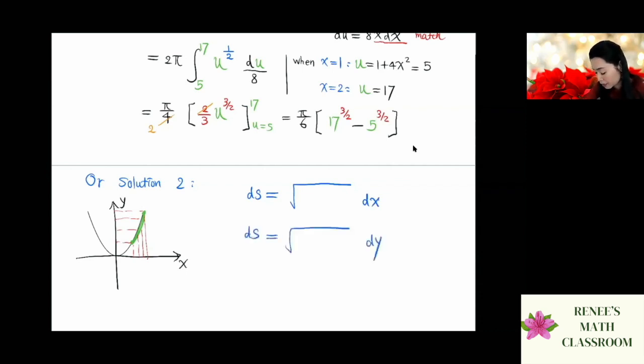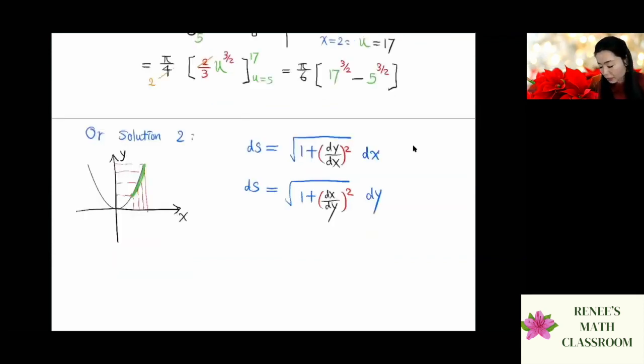This one will be 1 plus dy dx squared. This one over here will be 1 plus the square of dx dy. Now because this arc can be sliced this way and this way, both of them will work. We already used this in the first solution, so let's use this one.